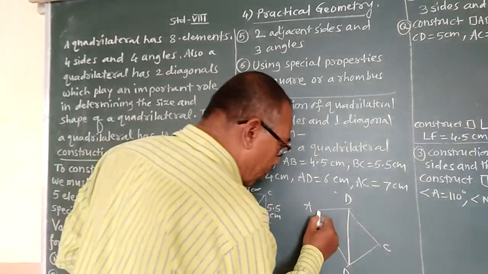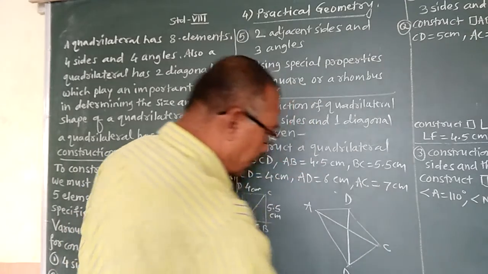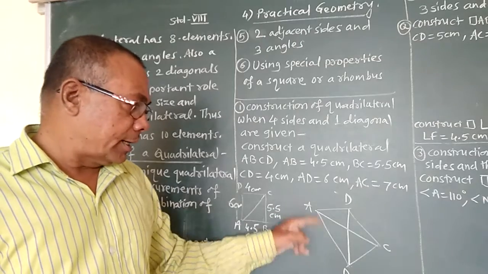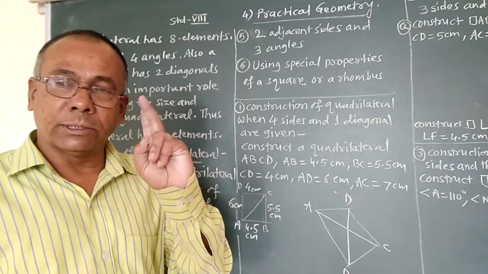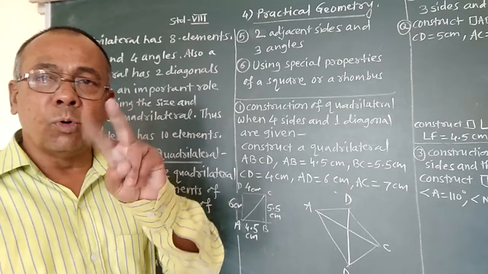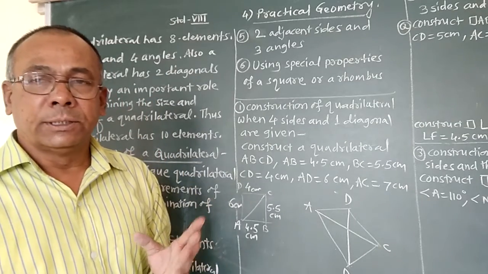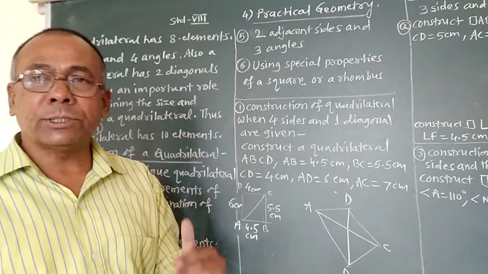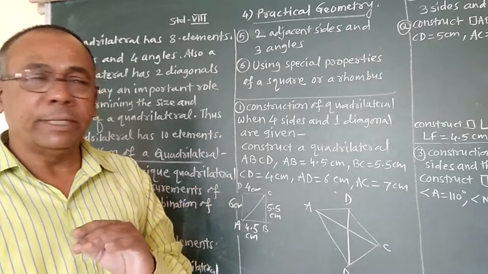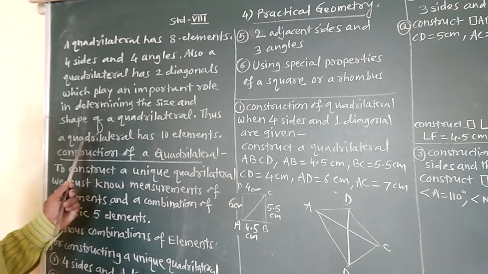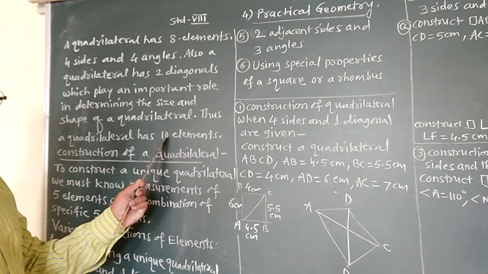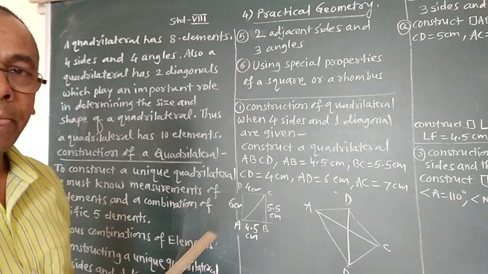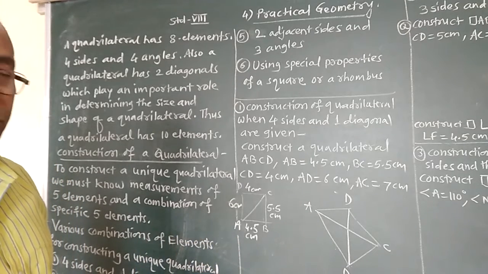We can draw one more diagonal, AC. In this way, in a quadrilateral there are two diagonals, means these are two more elements. First, 4 sides, 4 angles plus 2 diagonals, means in all there are 10 elements. So a quadrilateral has totally 10 elements.